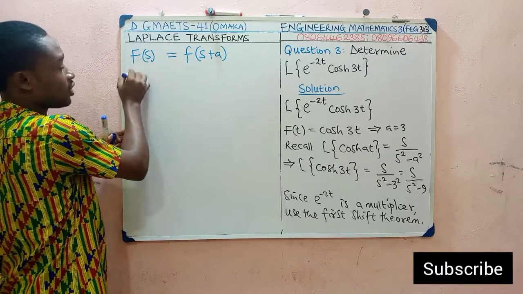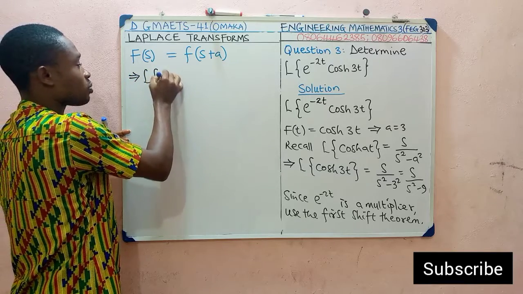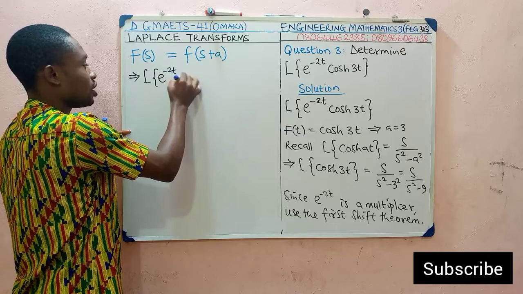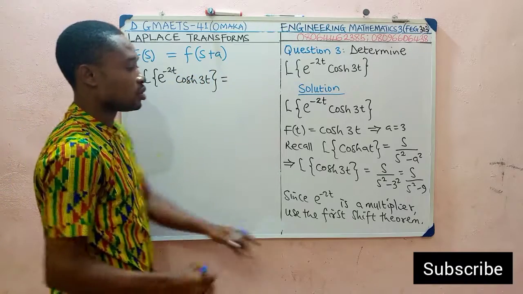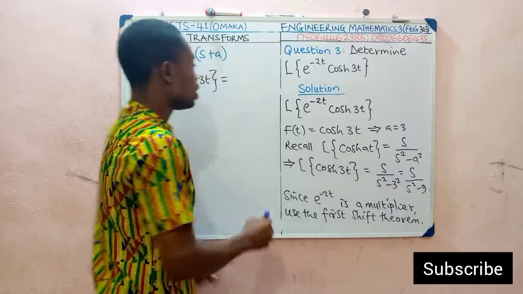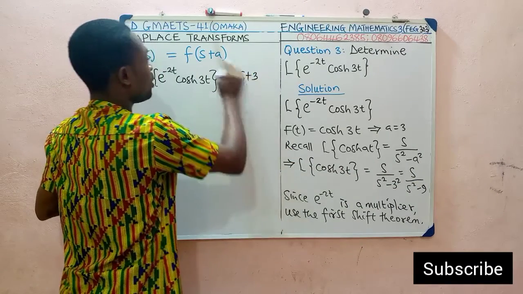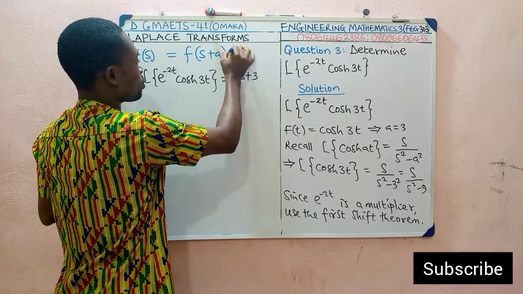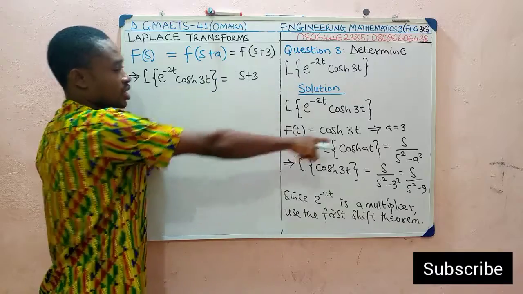Alright, so this implies that the Laplace of exponential minus 2t cos 3t will now be equal to, we'll come to this solution. In place of s, I'm going to put s plus 3. In fact, let me indicate this, this is equal to f of s plus 3. Because a is 3 here.